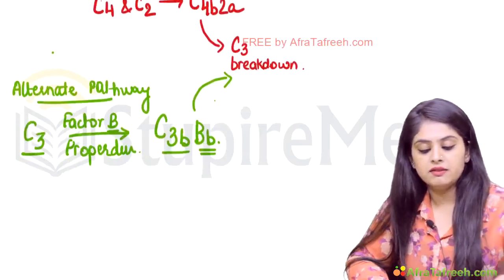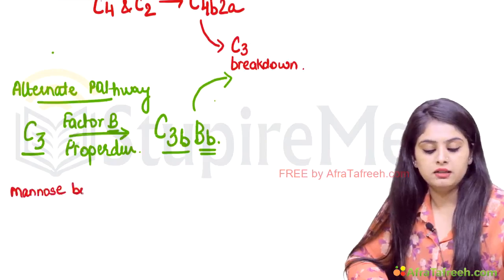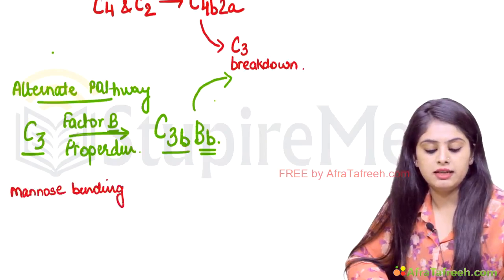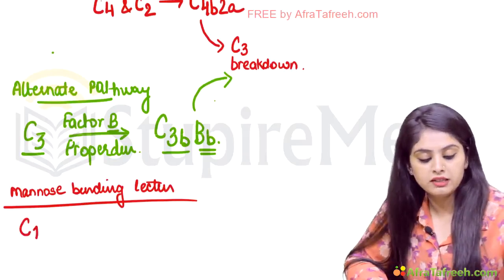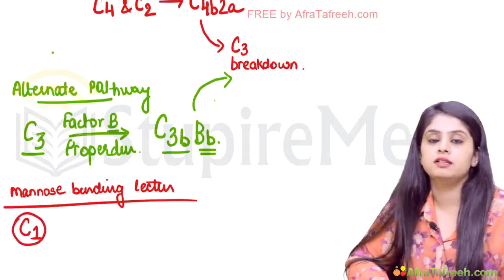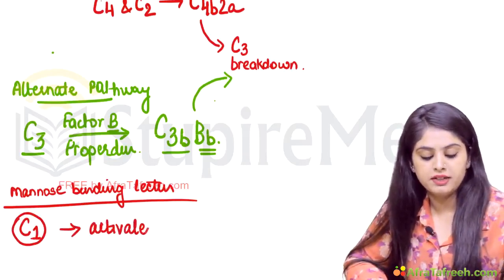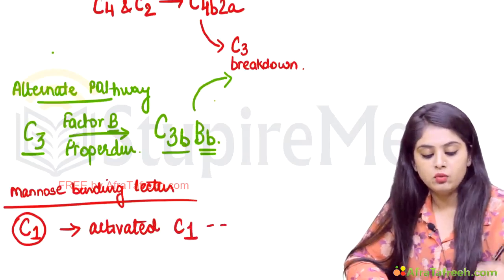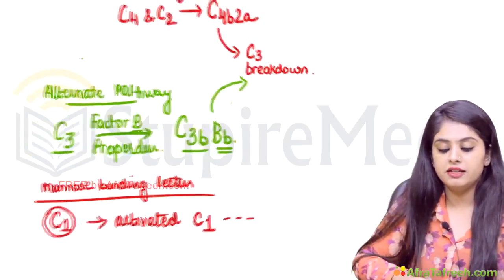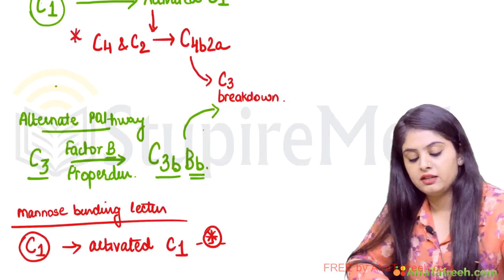The third pathway that we had was the mannose binding lectin pathway. Now students, there is nothing very different in this pathway. This is also like the classical pathway starting from C1, is going to get converted into activated C1 and is then going to take the same route as the classical pathway, that it is going to then go and activate C4 and C2.